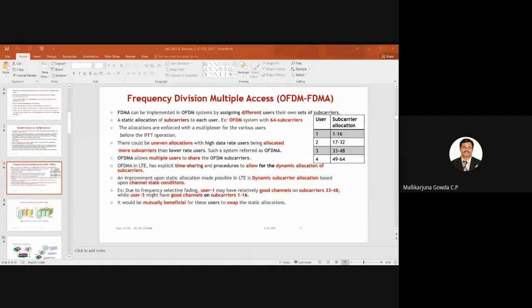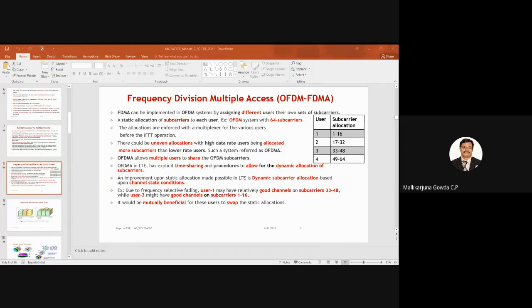What I wanted to say about the channel state condition is this: if we are assigning subcarriers like this, with a fixed number of subcarriers to each user, what do we mean by dynamic allocation? Based on the channel state condition. For example, user 1 may have relatively good channels on subcarriers 33 to 48, which we have assigned to user 3.